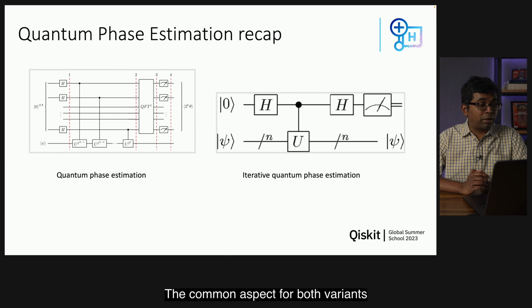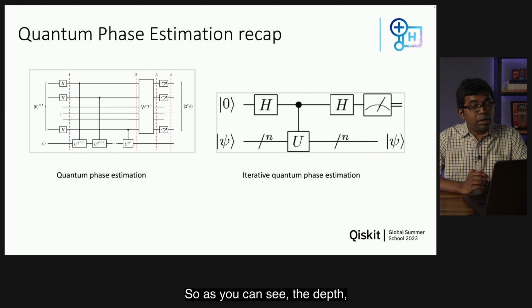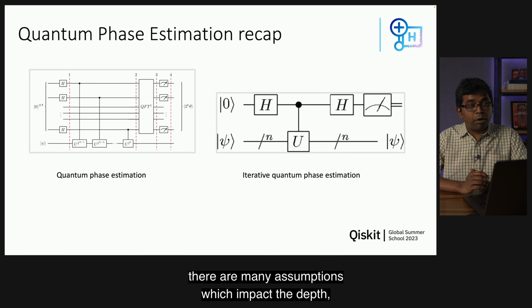The common aspect for both variants is the depth of the subcircuit in the bottom register. There are many assumptions which impact the depth, but one of the requirements is the precision of the result, right? The precision of the eigenvalue your application of interest needs.